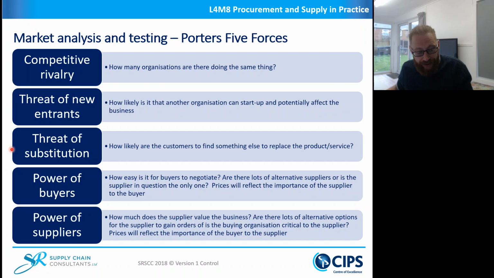You've got the power of buyers. When Porter suggested the power of buyers, he was not discussing the power of buyers within your organisation or the organisation for Coke and Pepsi. He was talking about the power of buyers in regards to the people who buy from the organisation. So for Coke and Pepsi, their buyers are Tesco and the big four, the supermarkets, the fast food restaurants.